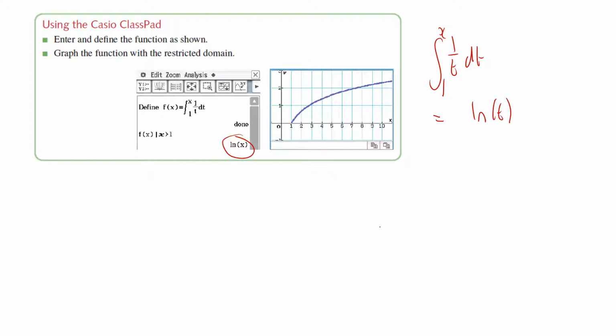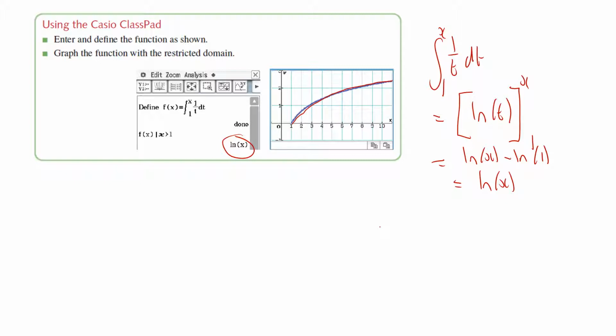Now I don't need to put a mod around that because x is greater than 1. From 1 to x, leading to the natural log of x minus the natural log of 1. Natural log of 1 is 0, leading to the natural log function. So that's the curve you see before you. It's a part of the natural log function.